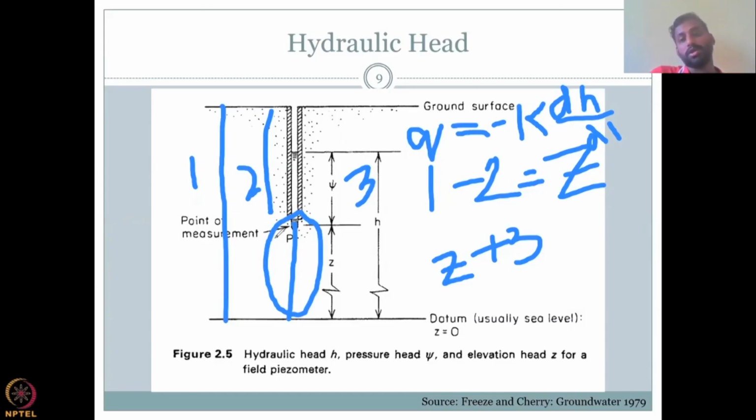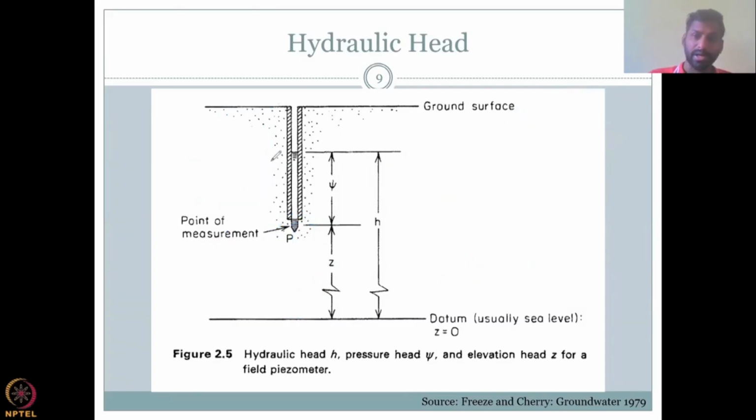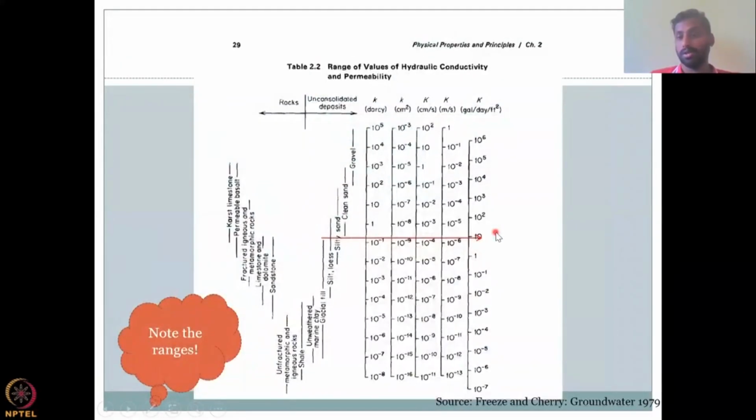Then we measured the groundwater level to get at 3. 1 minus 2 got me Z, and Z plus 3 gives you H. So with this, we calculate the groundwater hydraulic head for one well. We do it for two wells, and then we establish Darcy's equation. But remember, we need the hydraulic conductivity, which can be obtained from the previous values shown here.